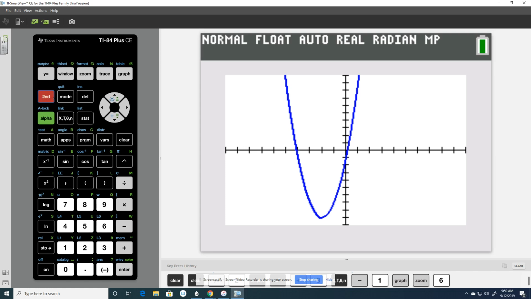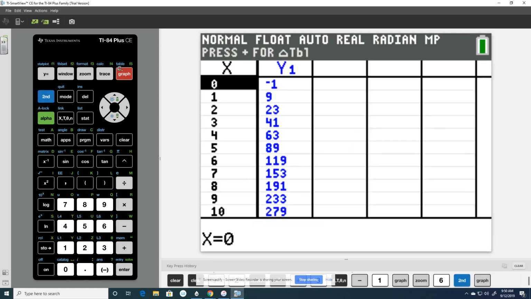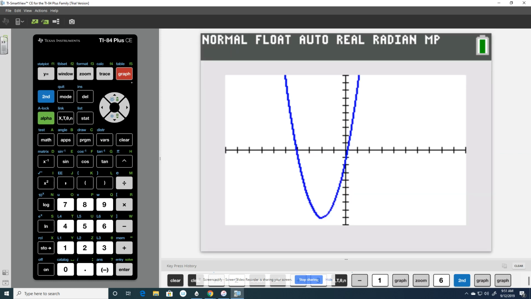If I click second table, this option right here, it gives me the table, a list of all of the values on my graph. So it's saying that when x equals 1, y equals 9. If I look at my graph, when x equals 1, which is right here, y equals 9, which is up here.